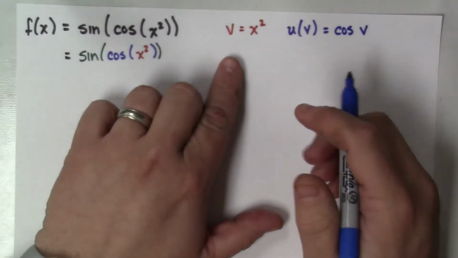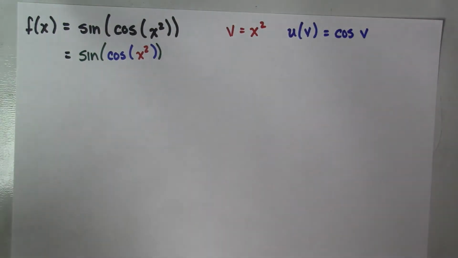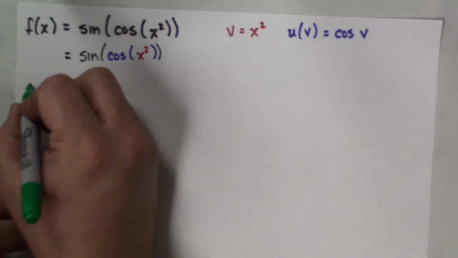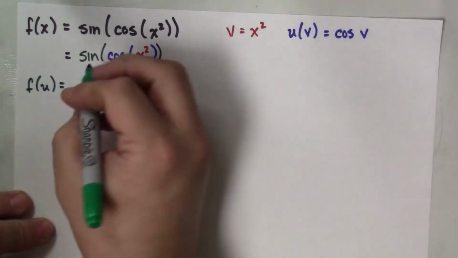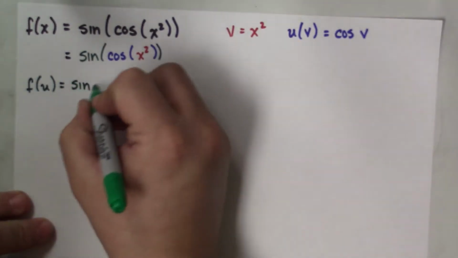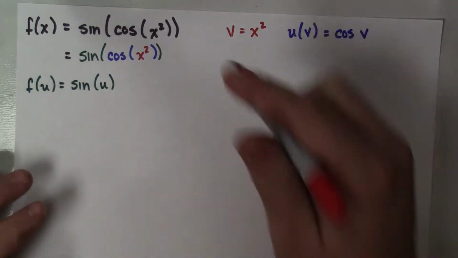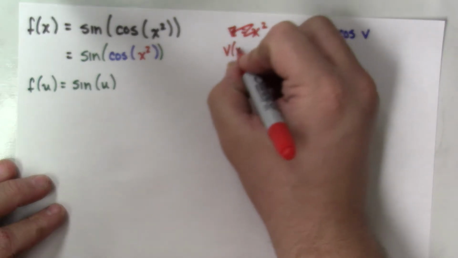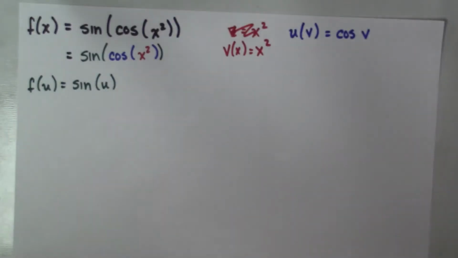So notice here, v is a function of x, u is a function of v, and then I can say, hey look, f is a function of u, and that's sine of u. Okay? I actually want to come in here and rewrite v as a function of x, which is x squared. Now, how do I put this all together?